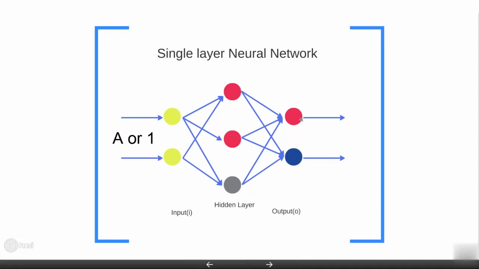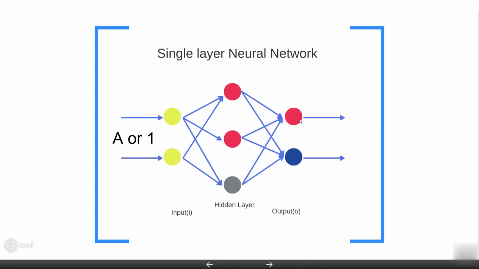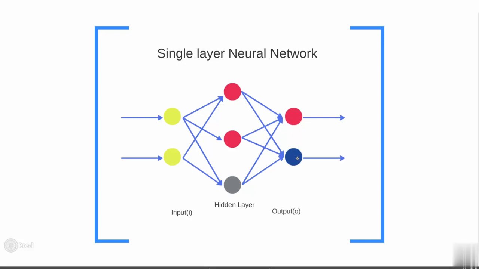On the output side, you want the image to be classified as a letter or a number. If it is a letter, then you want the first output to fire. If it is a number, you want the second output to fire. It's pretty straightforward.